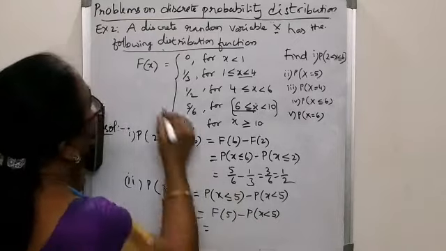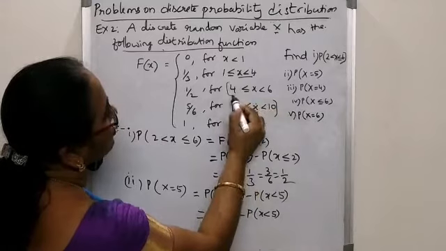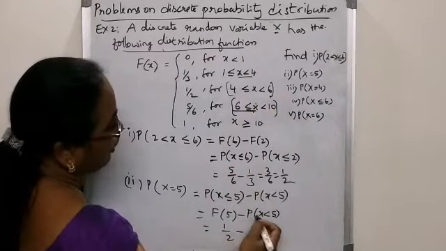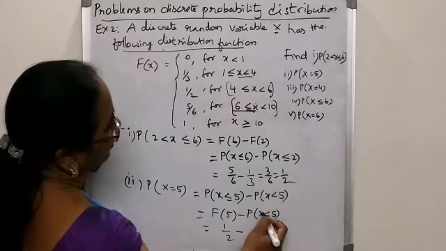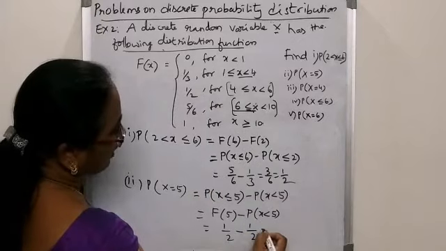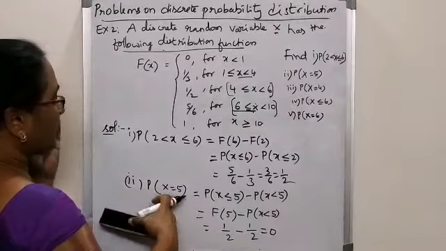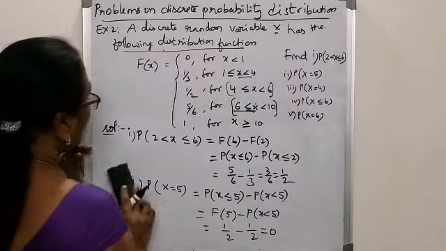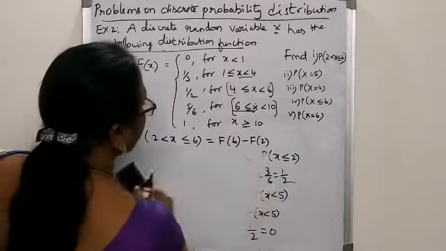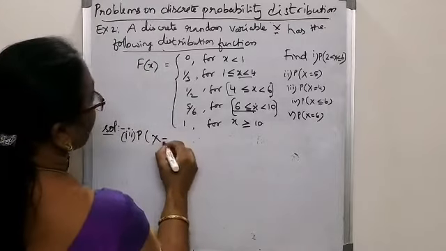F of 5, for x equal to 5, we have from the table, which belongs to the interval 4, 6, the value is 1 by 2. P of x less than 5 belongs to again the same interval, so again 1 by 2. So 1 by 2 minus 1 by 2, we get the value P of x equal to 5 is 0.